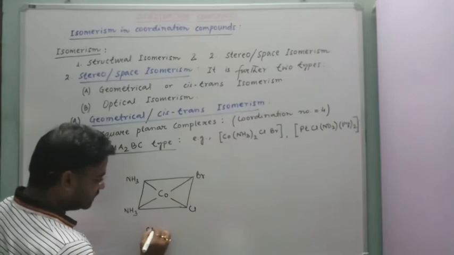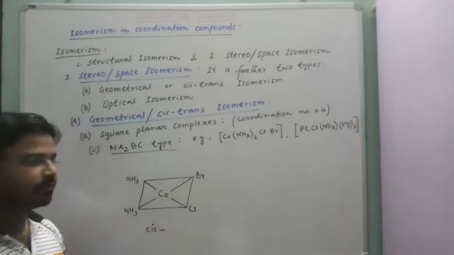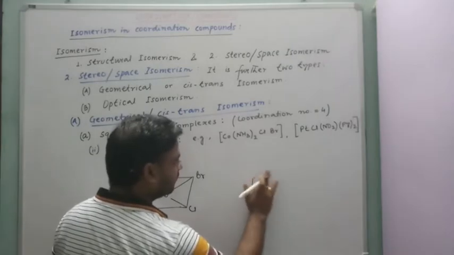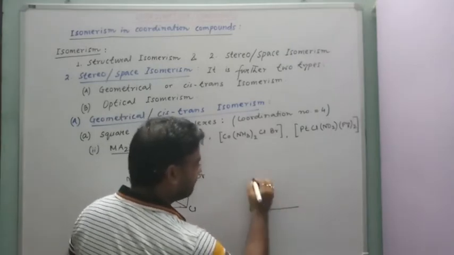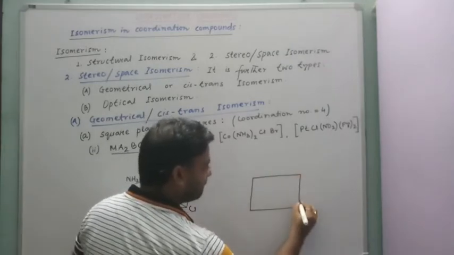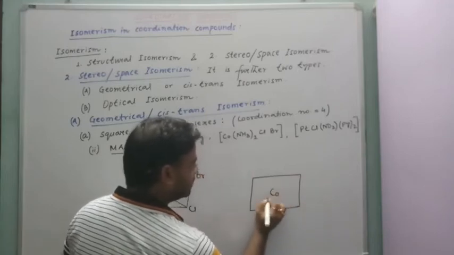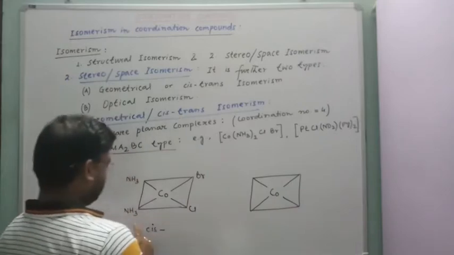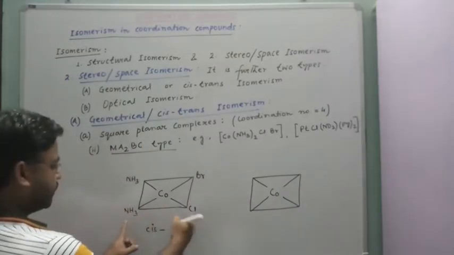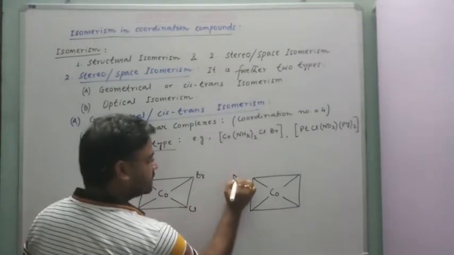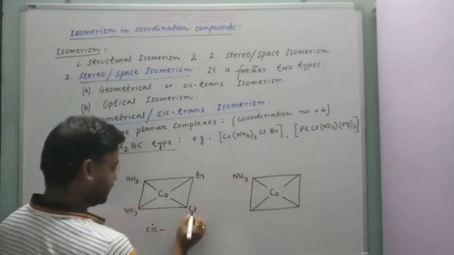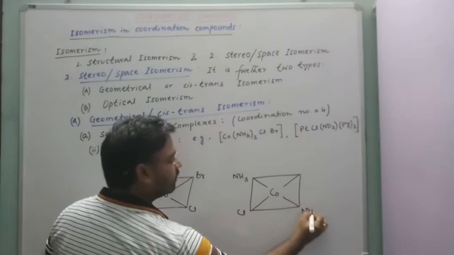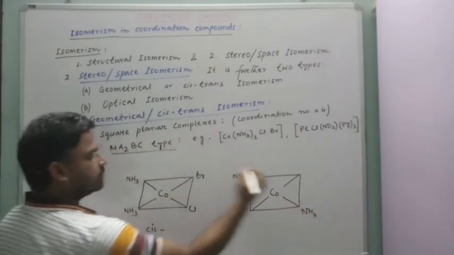So this is cis isomer, and its trans form is Co. You change this to NH3, Cl यहाँ पे आ गया, NH3 यहाँ पे आया, and Br is same.